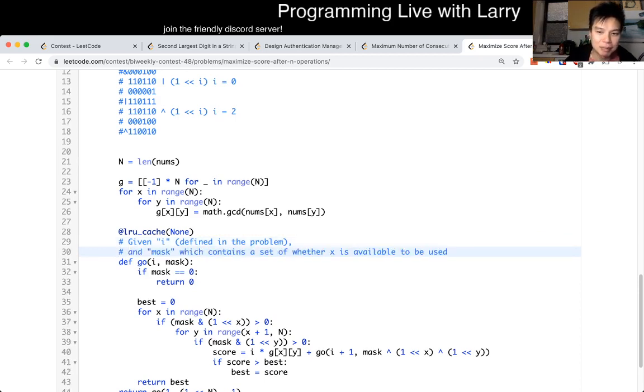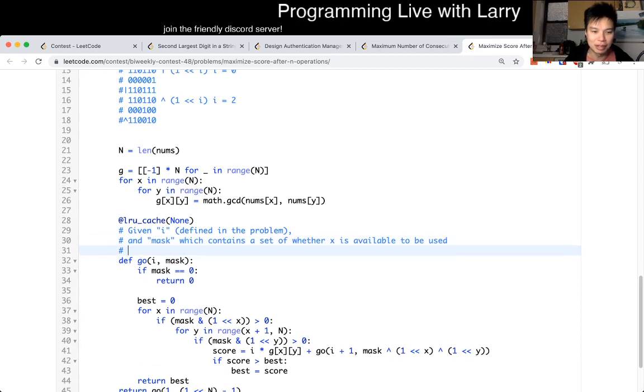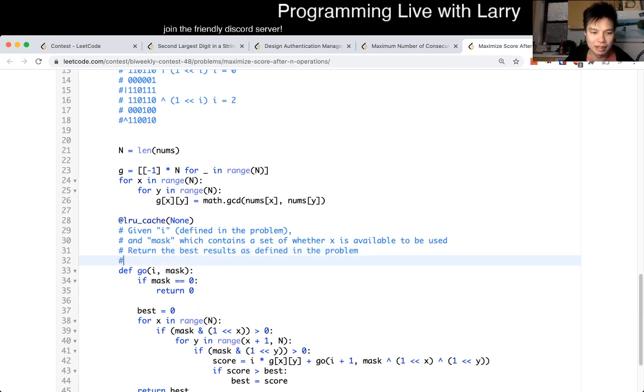Yeah, let's say you have these masks. Return the best results. I mean, that's as defined in the problem as well, and that's just in the formula. And for me, a 1 in the mask means it is available to be used.